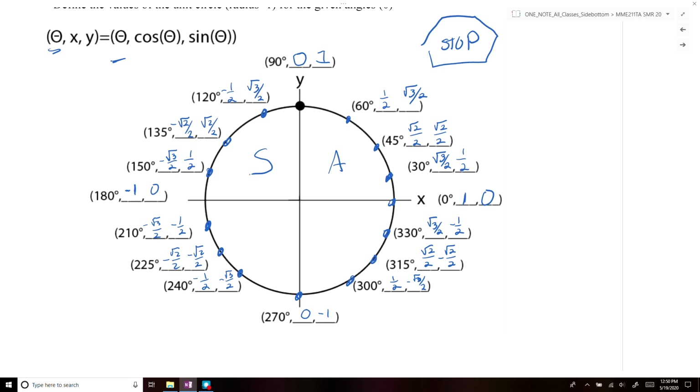But since we know that tangent of theta is equal to the sine of theta over cosine theta, if sine of theta is negative and cosine theta is negative, we know that tangent will be positive in that quadrant.